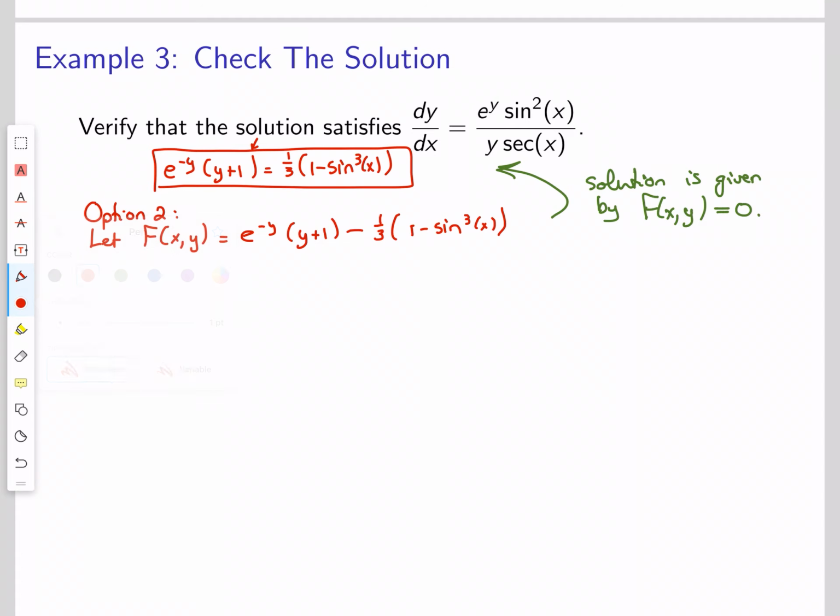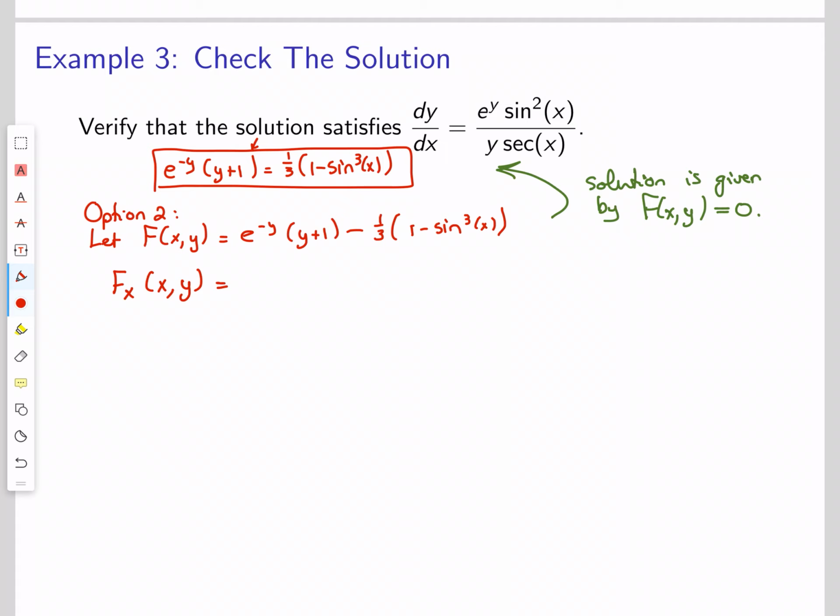Remember that to find dy dx, we have to find two partials. So we find the partial derivative of capital F with respect to x. If we differentiate with respect to x, the first term, e to the minus y times y plus 1, doesn't depend on x, as far as x is concerned in this context.